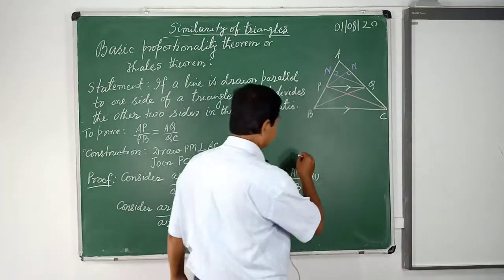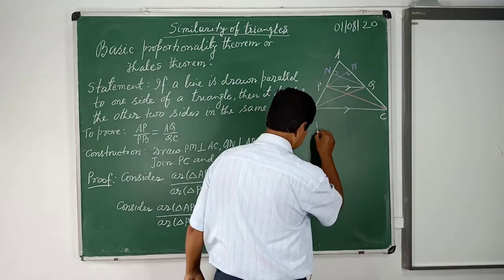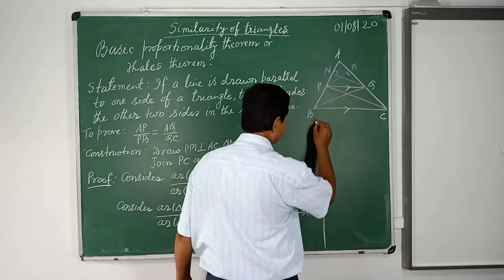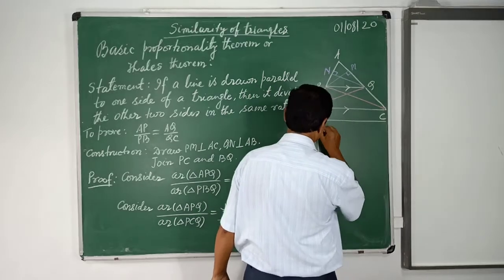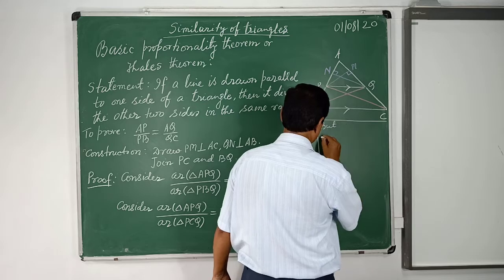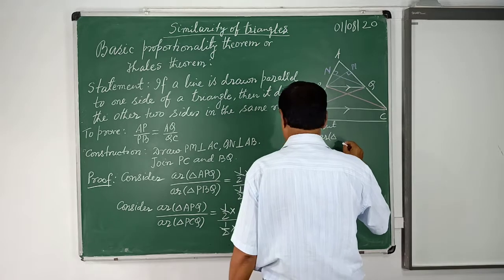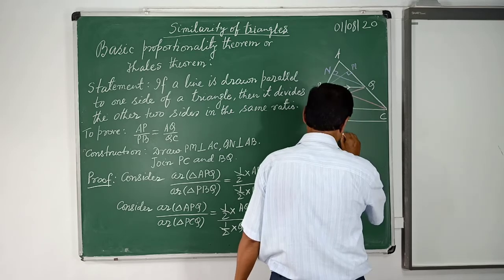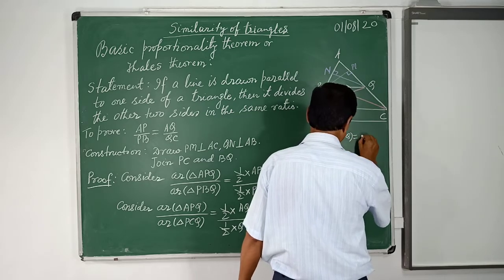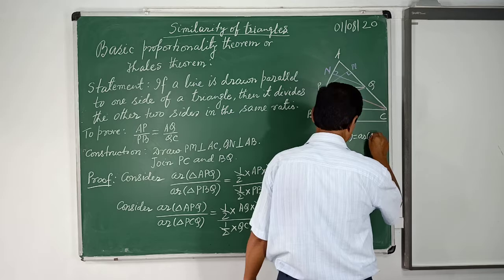Therefore, we shall write here, area of triangle PBQ equal to area of triangle PCQ.